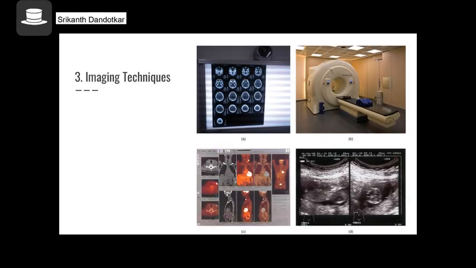Imaging techniques refer to several different methodologies, and the basic idea is to take images of the brain under different circumstances, either through MRI or fMRI. So these are different imaging techniques.